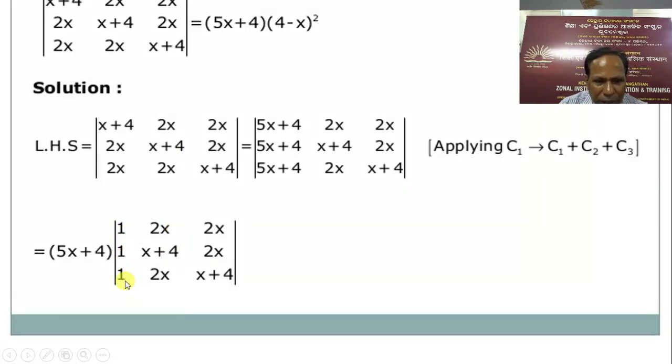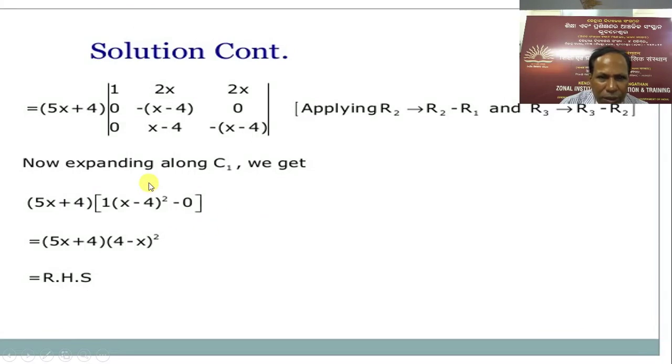So 1 minus 1 is 0, 2x minus 2x is 0, x plus 4 minus 2x becomes minus (x minus 4). So we are getting 1, 2x, 2x; 0, minus (x minus 4), 0; 0, x minus 4, minus (x minus 4).